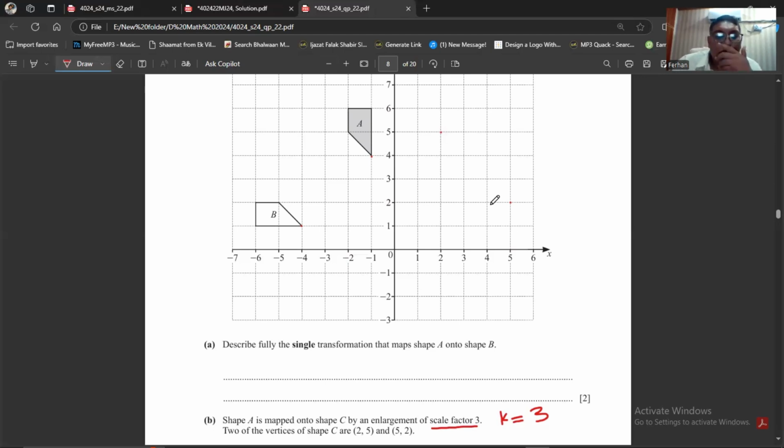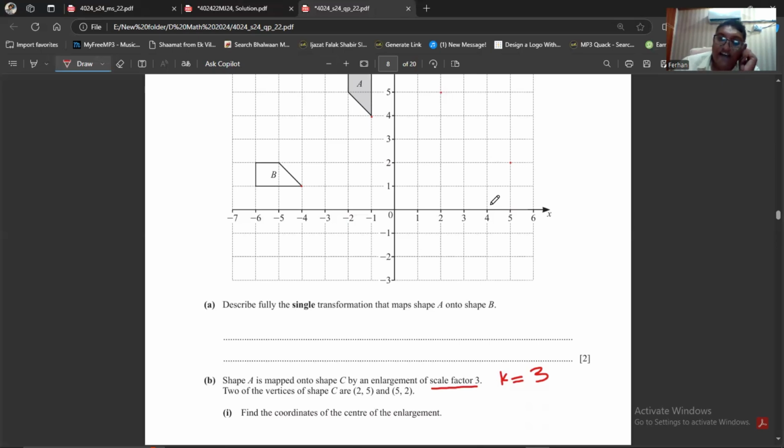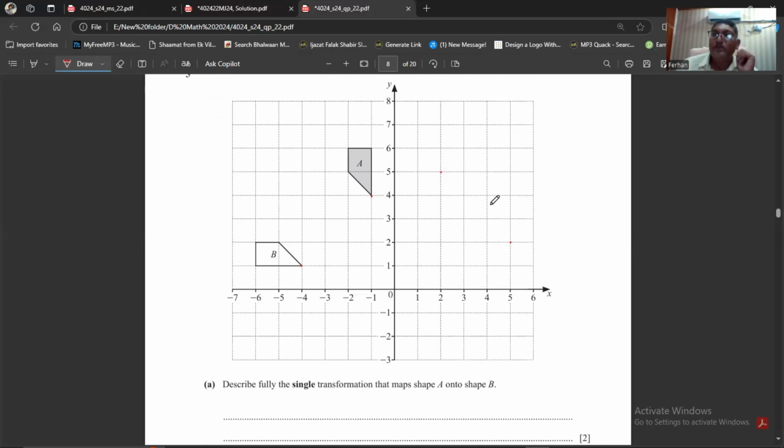So their question is find the coordinates of the center of the enlargement. The method is very simple. If you want to find the center of the enlargement, you join the corresponding points on the object and the image with each other. For example, this point is the image of this point.